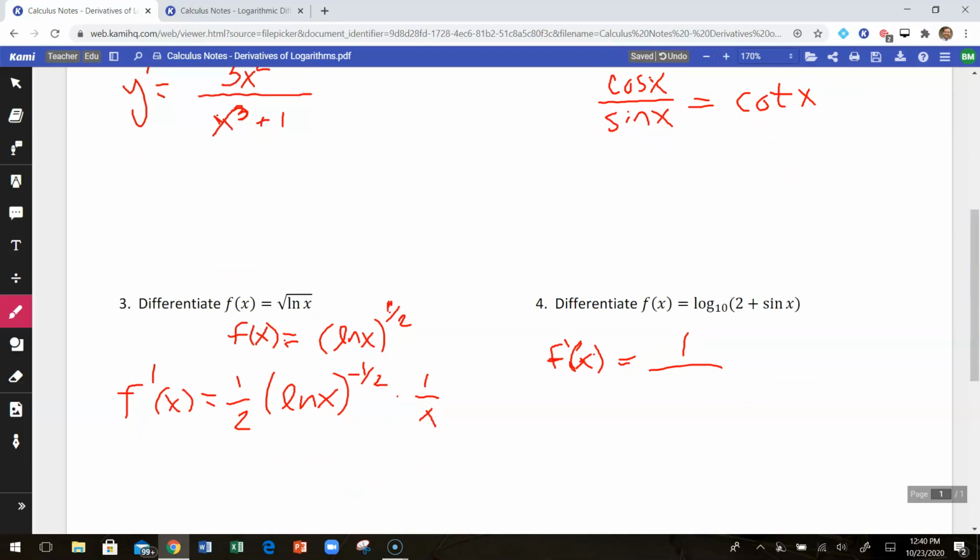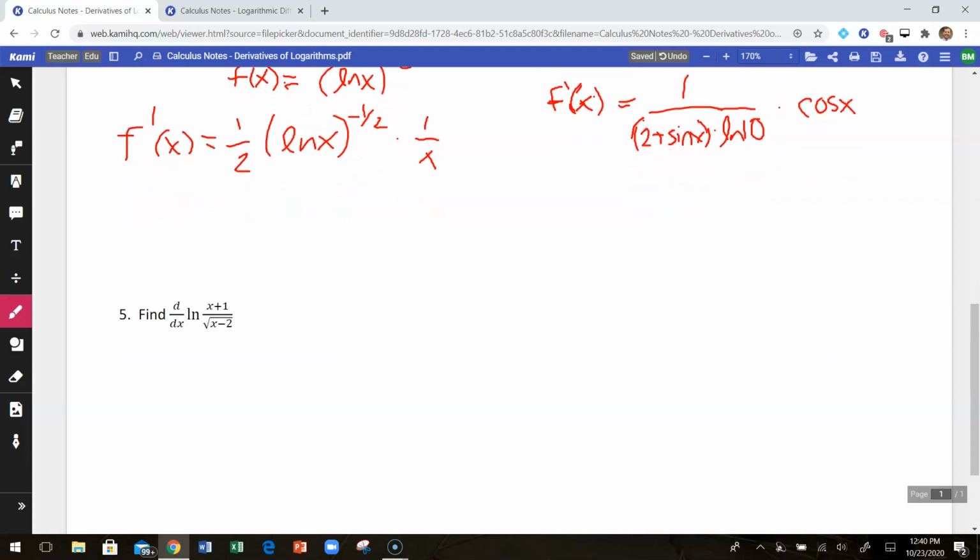So 1 over 2 plus sine x times the natural log of a. Well, a is 10, so it's that times the natural log of 10. All that's on bottom. But then we have to chain on the derivative of the inside function, which would just be cosine x. And again, I could put that on top if I wanted to, or I can just leave it out to the side.